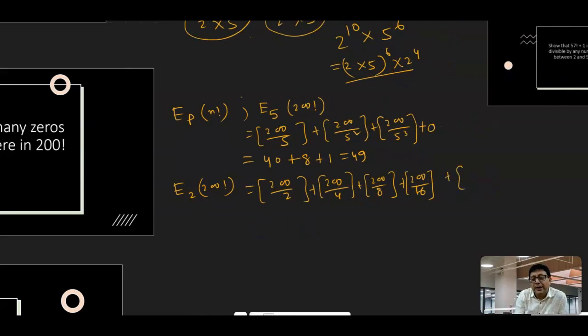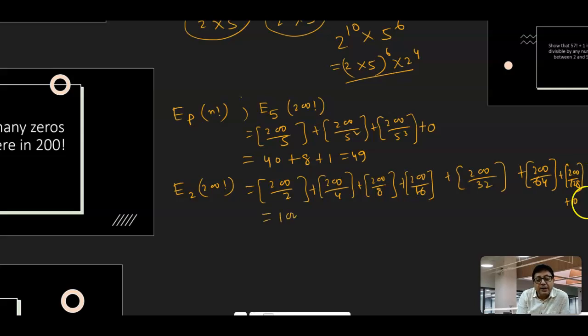Then 200 by 32. 200 by 64. 128. We will not proceed because the next one is 256, which will be a proper fraction. So we will stop our calculation here.